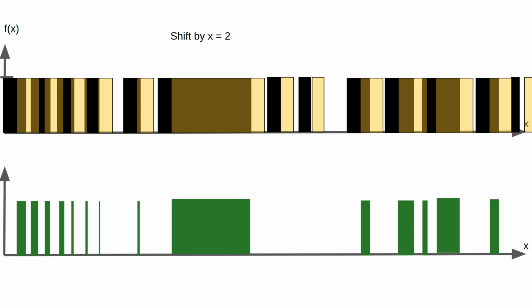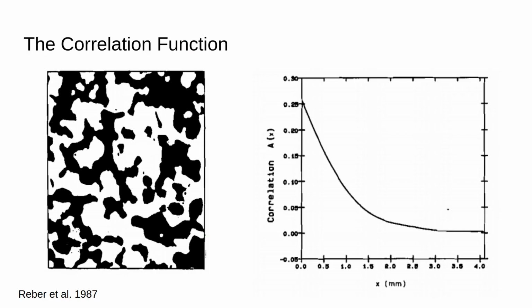Hopefully you can extrapolate this in your mind: as you shift the original function by more and more, the amount of overlap goes down, and the correlation between the original function and the shifted function goes down more and more. You can do that over a continuous range, and that is called the autocorrelation function, or sometimes just the correlation function. That's what you can see on the right here.